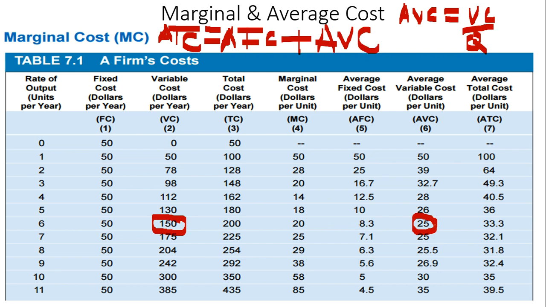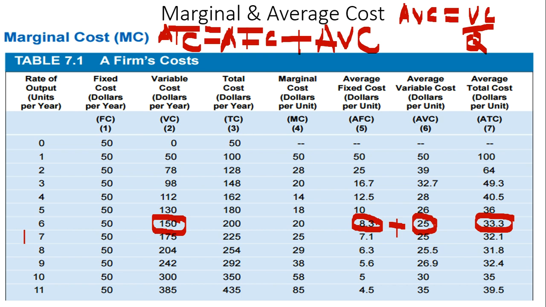So to get the 33.3, we just add the average fixed cost, the 8.3, plus the average variable cost, the 25. We get 33.